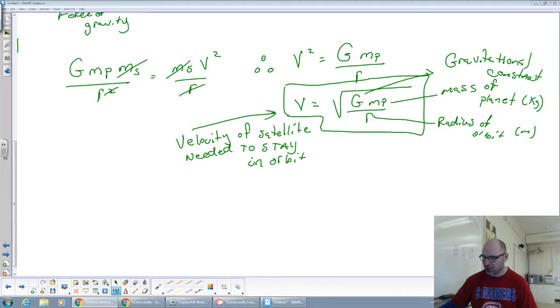So that gives us the velocity of the orbit of the satellite. So the next thing we're going to do is try to derive the period of the orbit. Okay, so finding the period of the orbit. I'm going to do that on the next page.